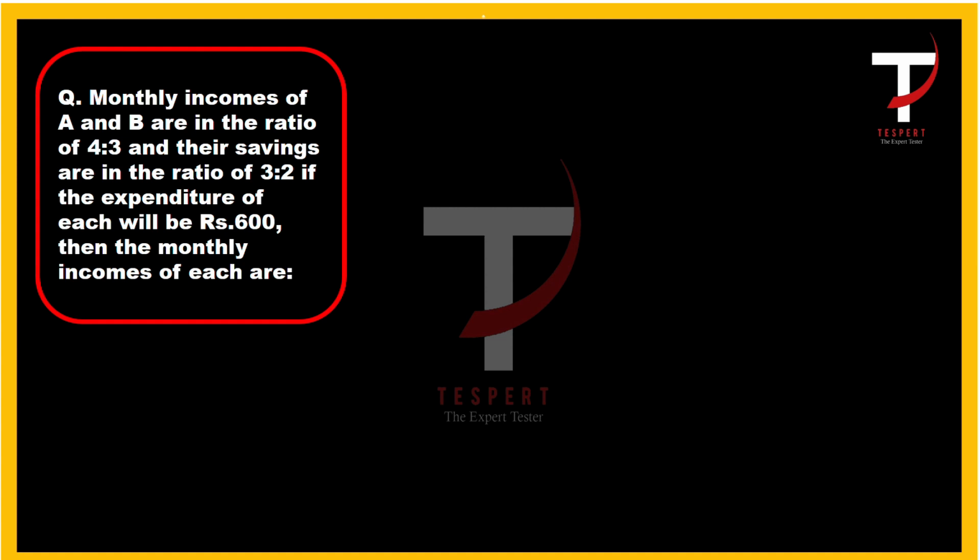So we know that the total income is equal to total expenditure plus the total savings, right?